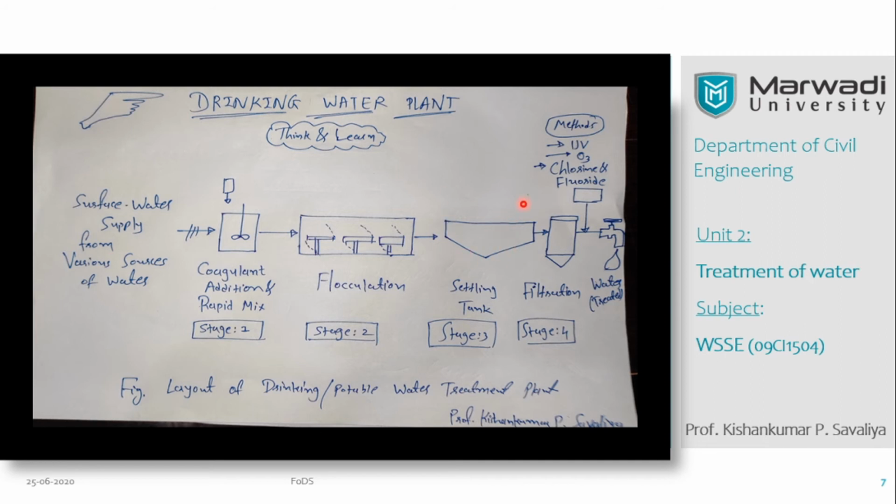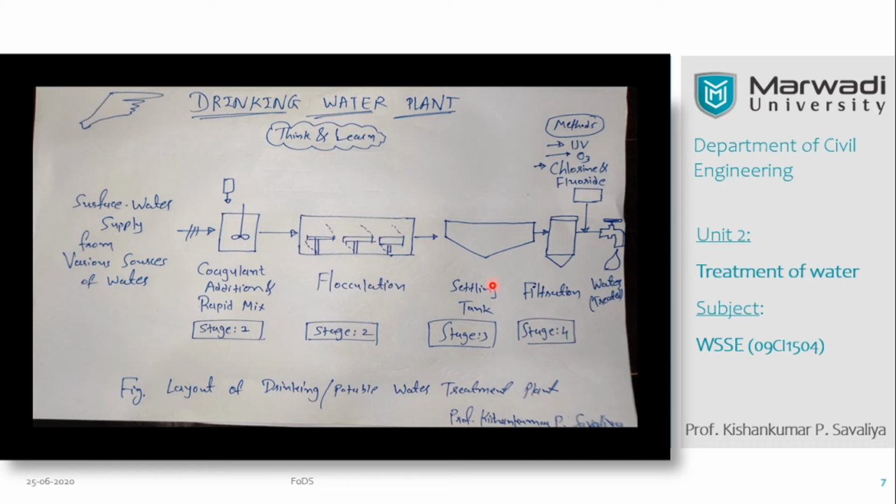By using this design, we allow the bigger coagulant particles to settle down. The settling tank is provided to settle the bigger particles at the bottom. Those particles are called sludge. The sludge is then removed by another piping network and taken outside the treatment plant.